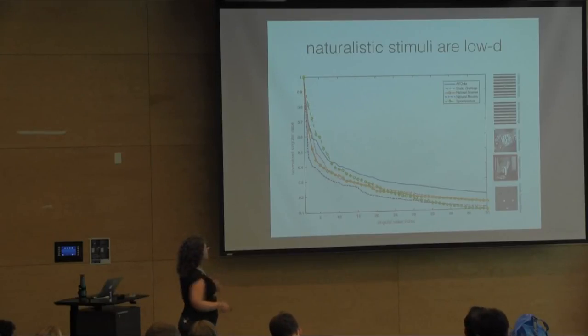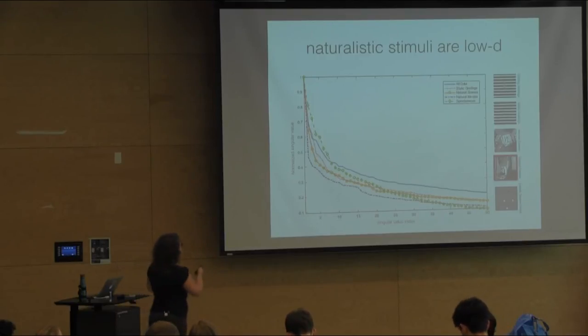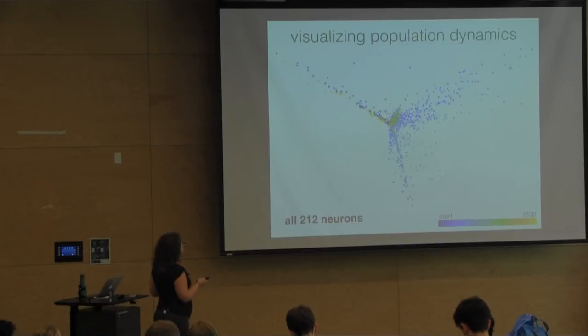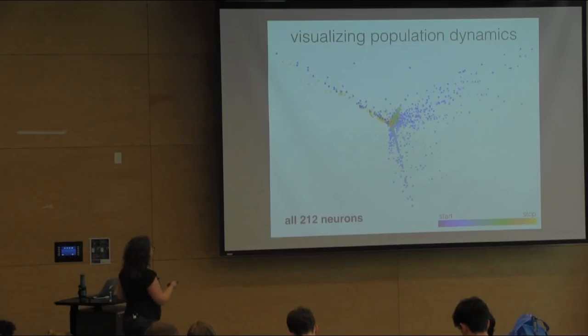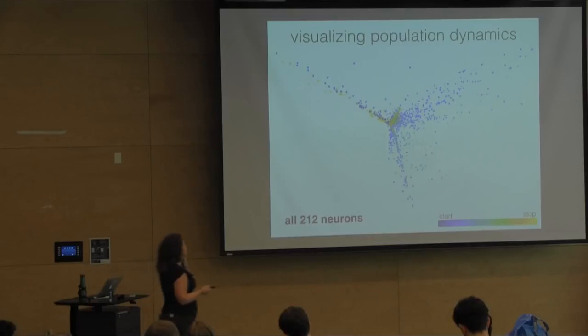natural movies. And so for this preliminary analysis, we sought to look at this particular category of natural movies and try to dissect some of the things that are happening within these populations. The first thing that one could do is to take, in this case I had 212 different neurons, and run PCA or some other type of dimensionality reduction on it.